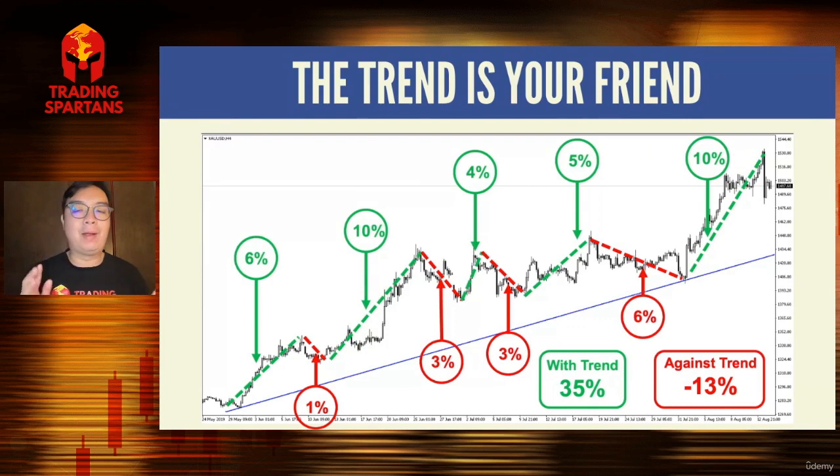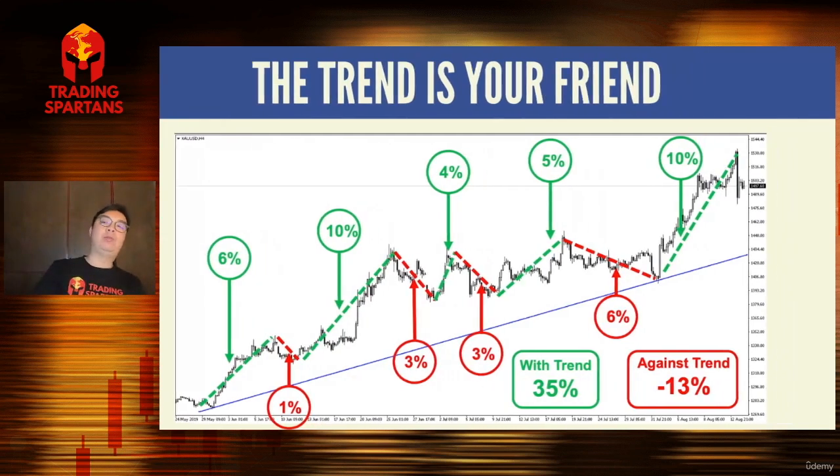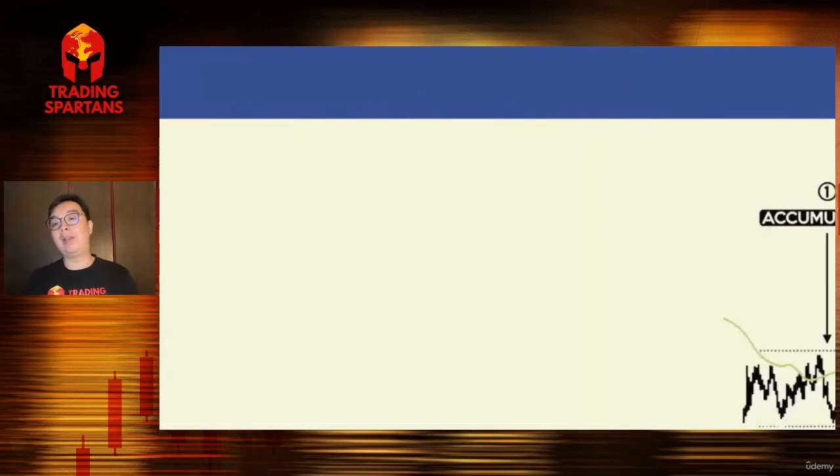This is one of my favorite analogies and representations of how, as long as you follow the trend, you might be wrong sometimes, but more often than not, the times that you are right, you will earn more than the times that you are wrong just by following the trend. Okay, which is why they say that the trend is a friend.